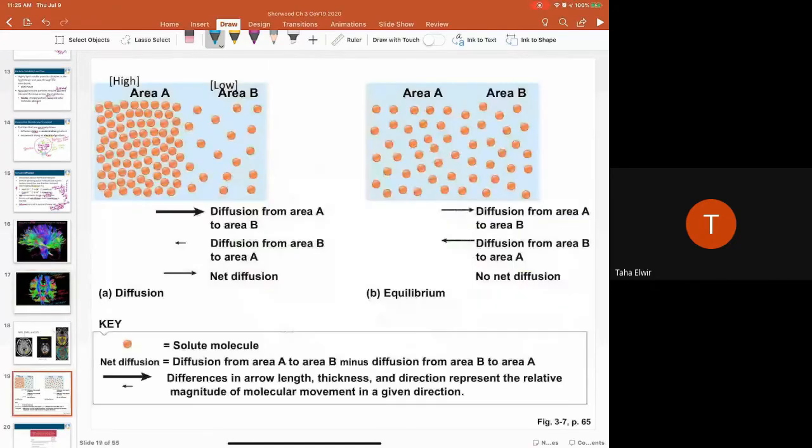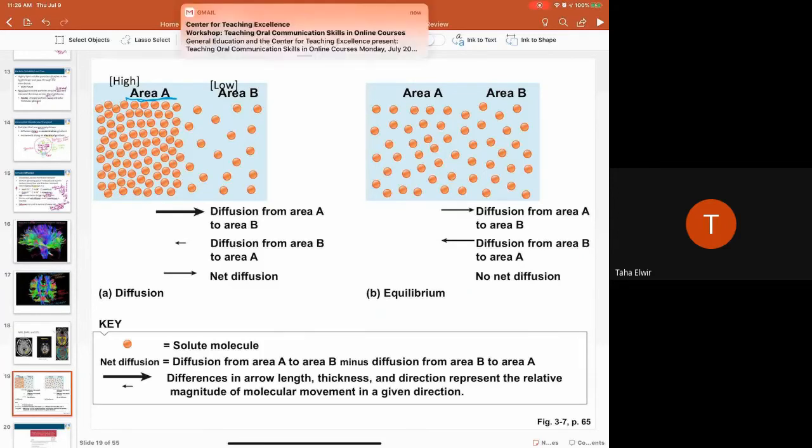So that's diffusion of water. Let's look at this introduction to diffusion, where we've got area A that has a high concentration of these orange balls. And we've got area B that has a low concentration of the orange balls.